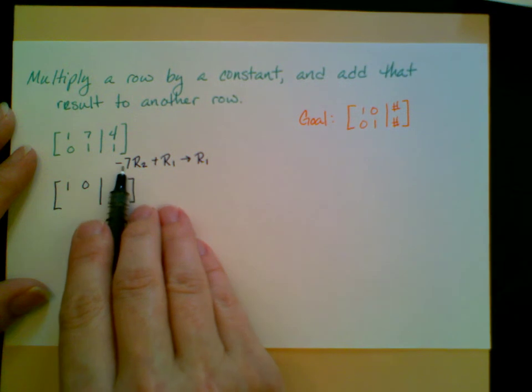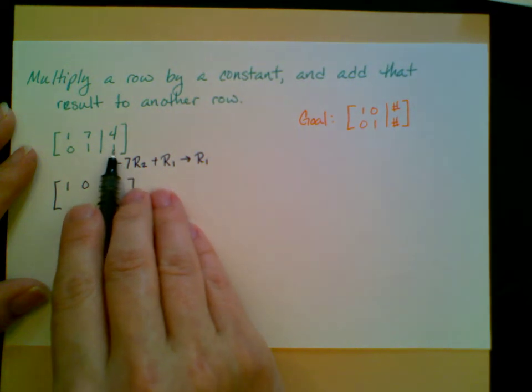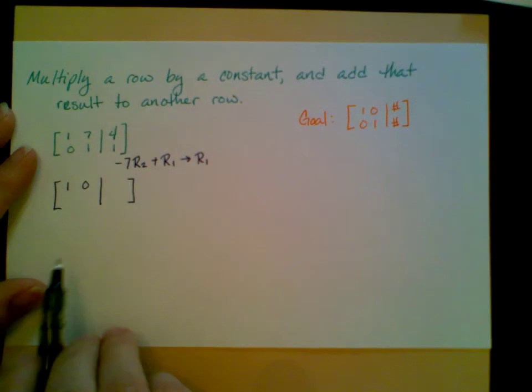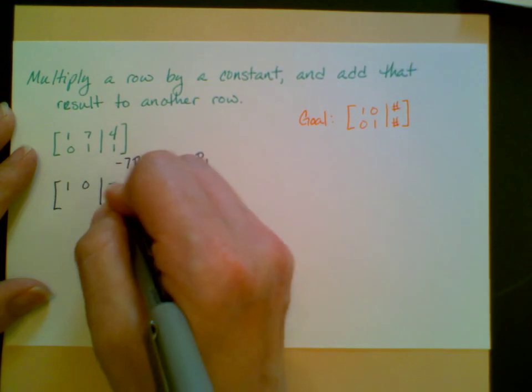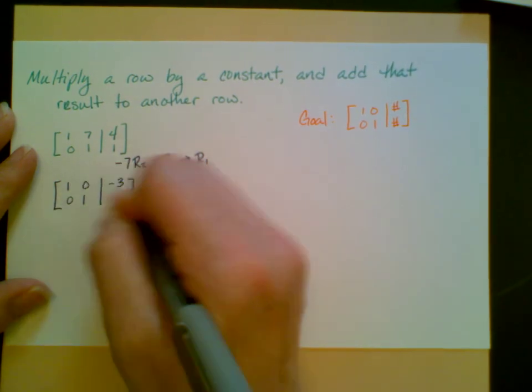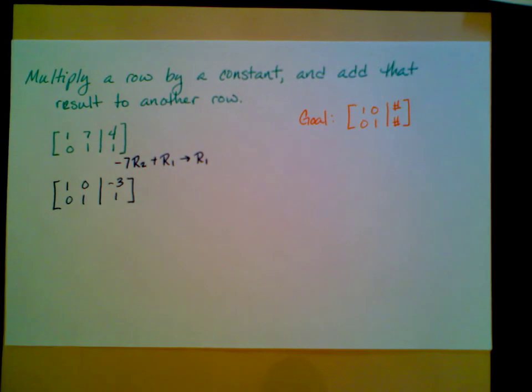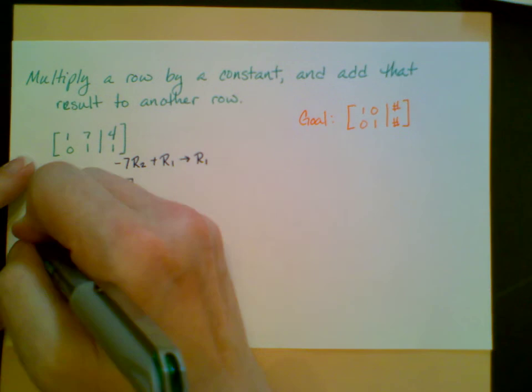Negative 7 times 7 is negative 49. And then negative 49 plus 4 is negative 45. I just realized that the fact that that was a 1, maybe this was not the best example. Let's do an extra one of this type.